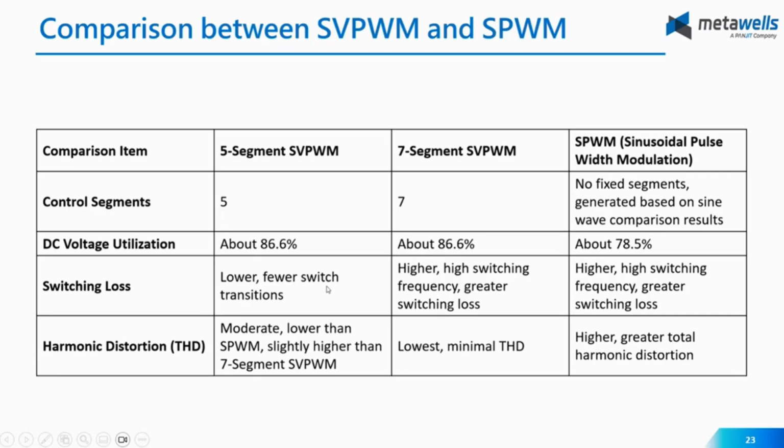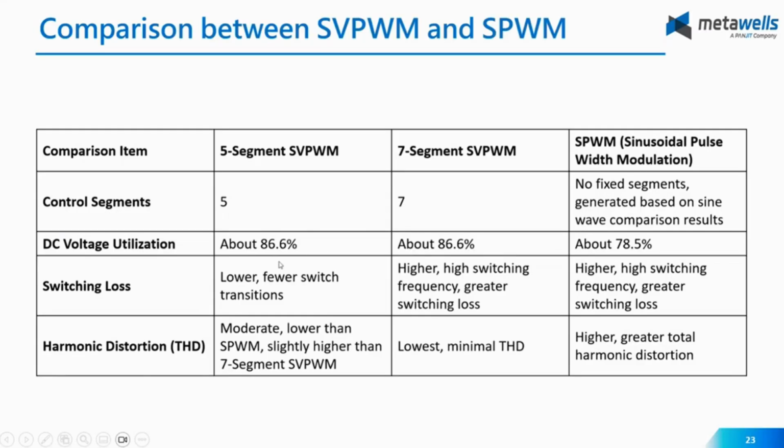But the disadvantage is a slightly higher harmonic distortion compared to 7-segment SVPWM and SPWM. Because the harmonic distortion is higher, it may produce more acoustic noise in certain motor applications.